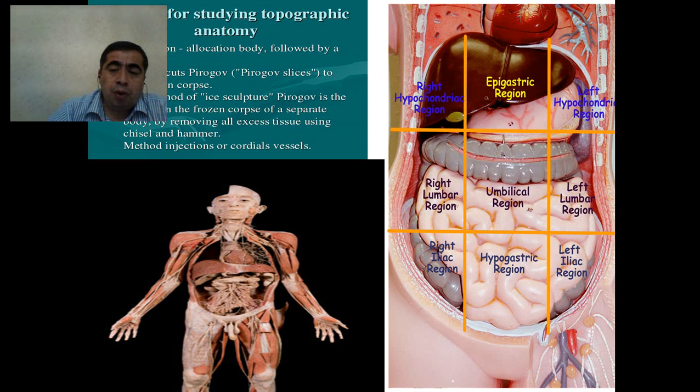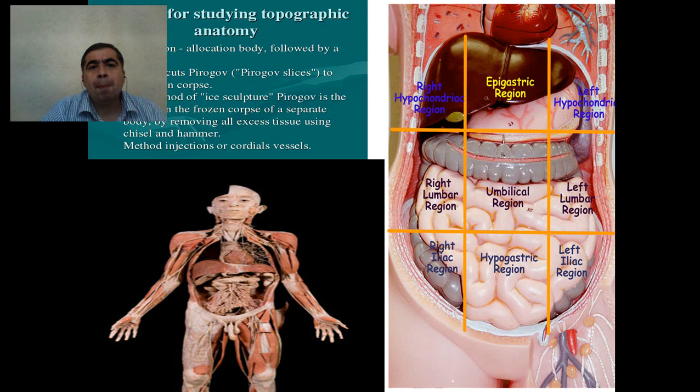Why? We are not interested only in the median nerve. We are interested in the relation of this nerve to the other structures. And by the traditional way of cutting, by dissection, we can't get to our destination point.